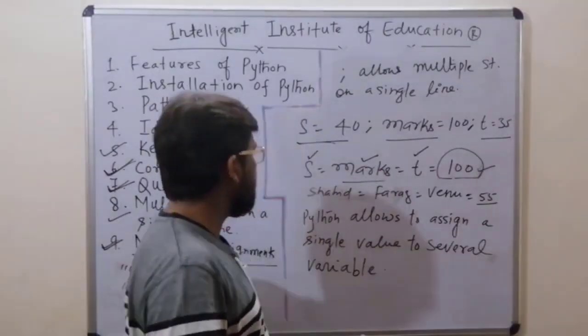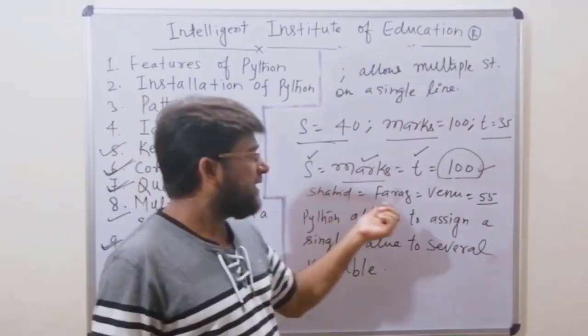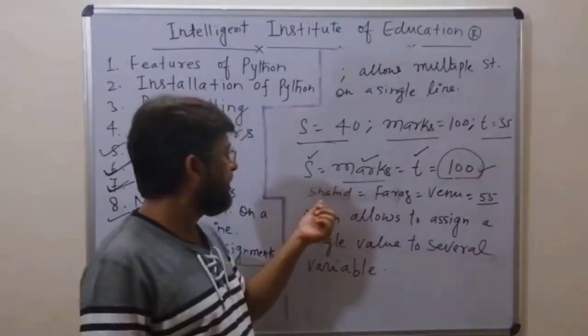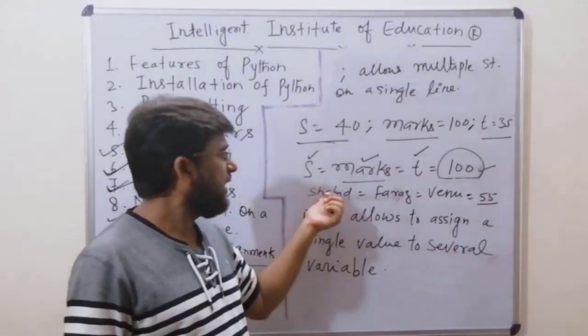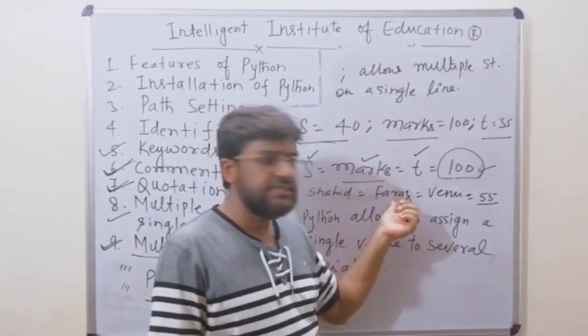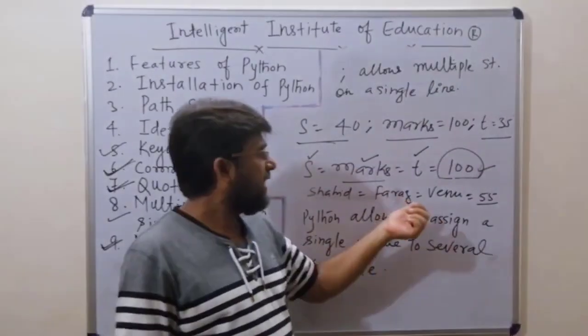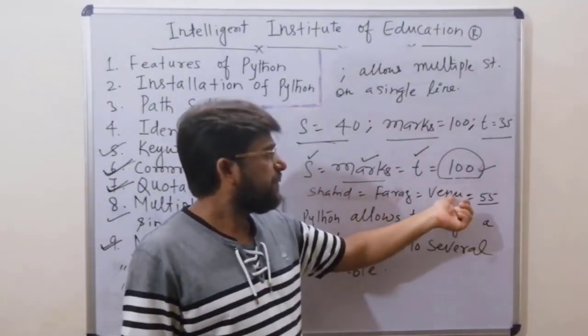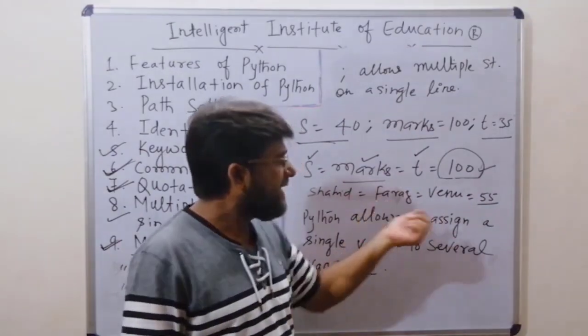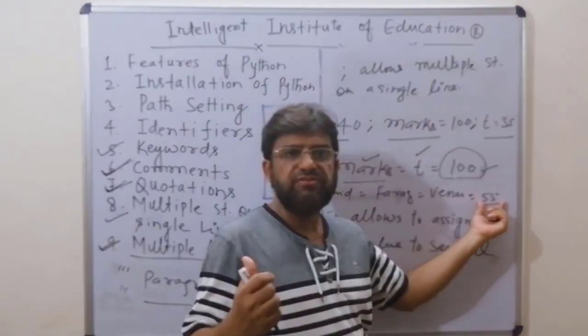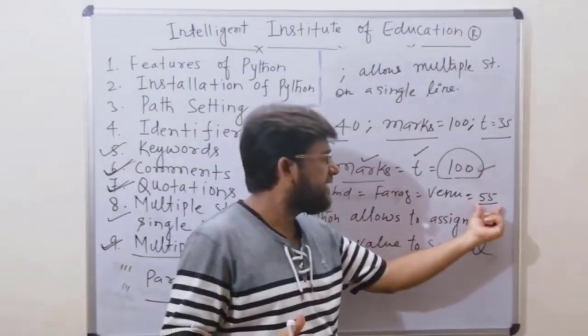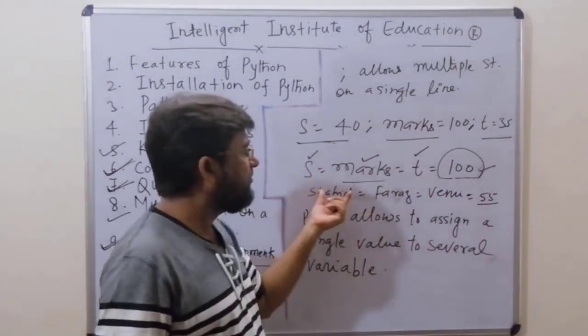Another example I want to give you. For example, we have three different persons: Shahid is one person, Fraz is another, and Venue is the third, but they have the same weight, 55. Now 55 kg is the weight of three different persons.